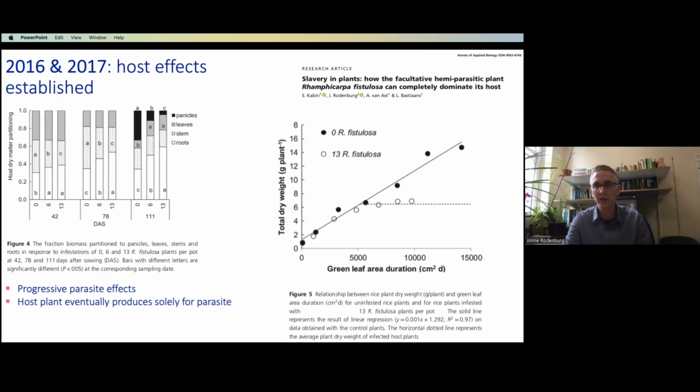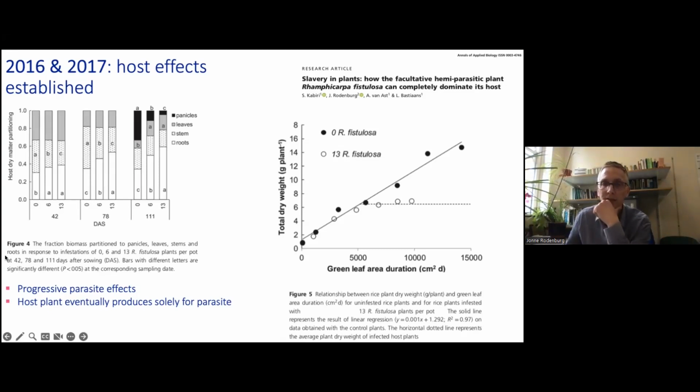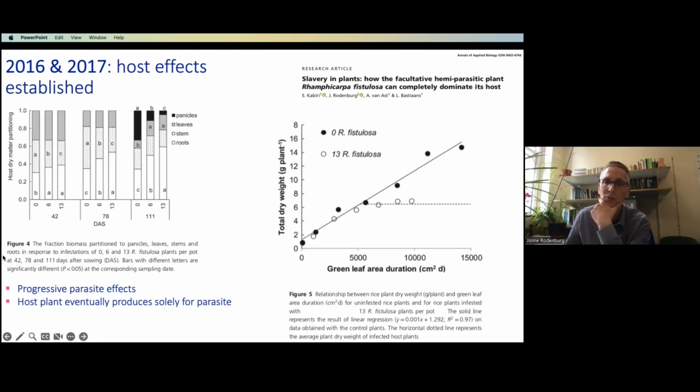Even with increasing green leaf area duration for the infected rice plants, after some time, whereas the green leaf area continues, the total dry weight of the plant does not continue. For healthy plants you see a more or less linear increase, and for the Rhamphicarpa-infected plants it is bending off, flattening off.